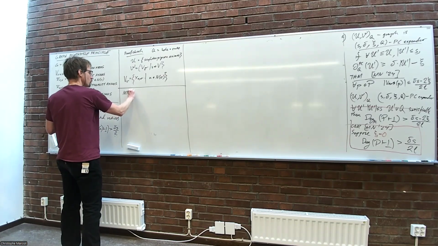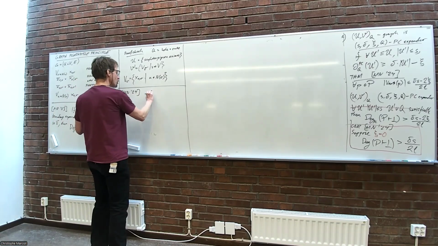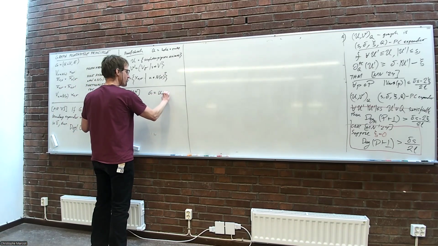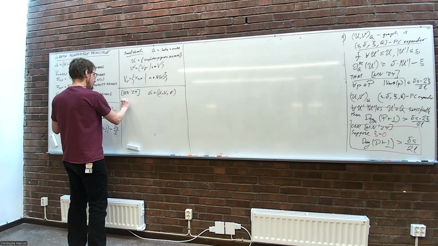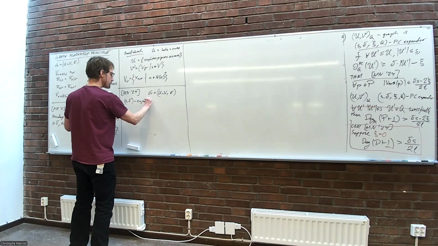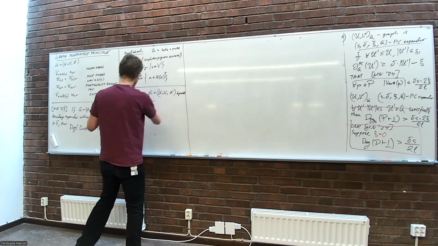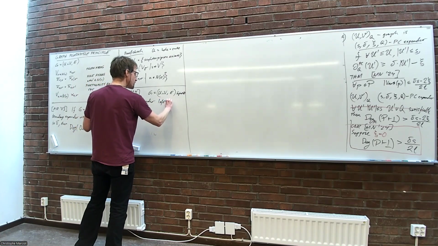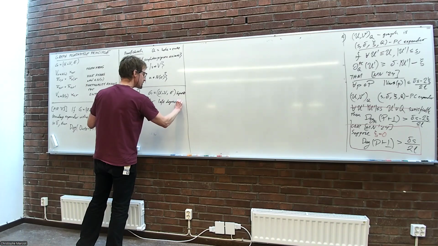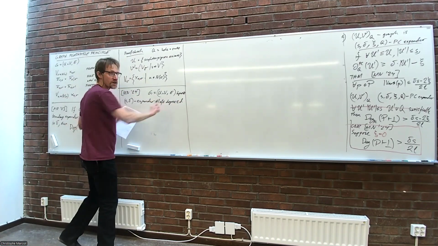So what we can prove is the following. Suppose that G is a bipartite S delta expander. Suppose that the left degree is at most D. So every pigeon can fly to at most D holes.